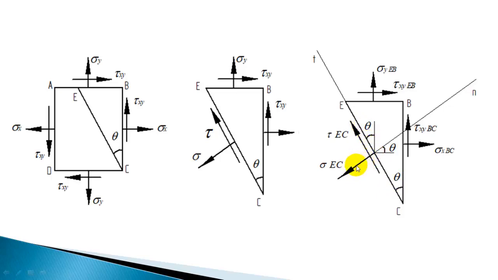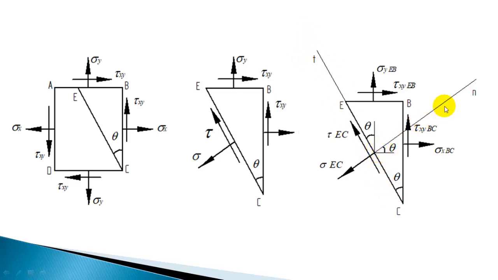You can sum up the forces in any direction and equate to 0: x direction, y direction, or whichever direction. Here, for easy calculation purpose, we'll sum up the forces normal to this section plane, and along the section plane, or tangential to this plane.